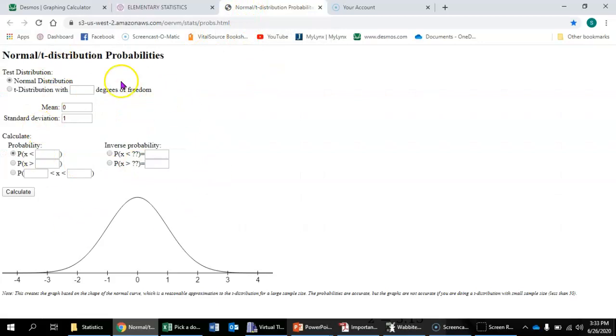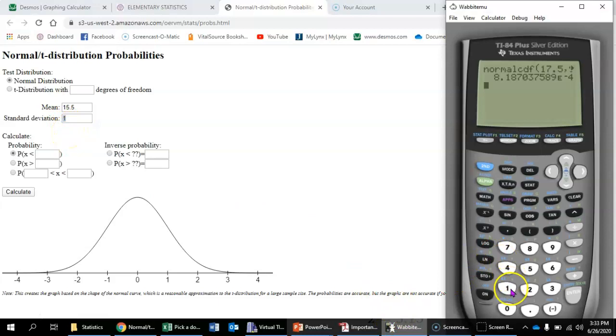And if you wanted to use this online normal probability calculator, you'd put in, for mean, 15.5, and for the standard deviation, you'd probably have to calculate that yourself. Use your own calculator to work out what 2.2 divided by the square root of 12 actually is.